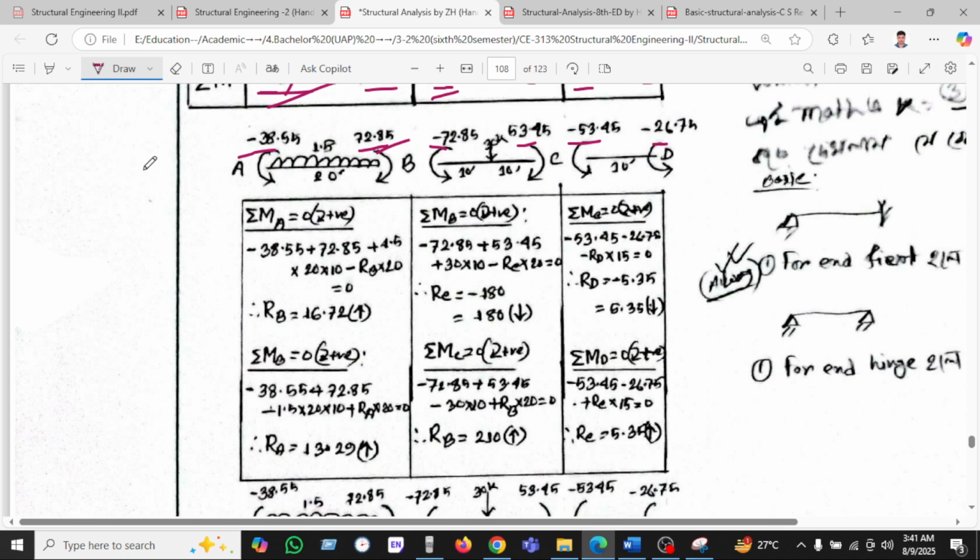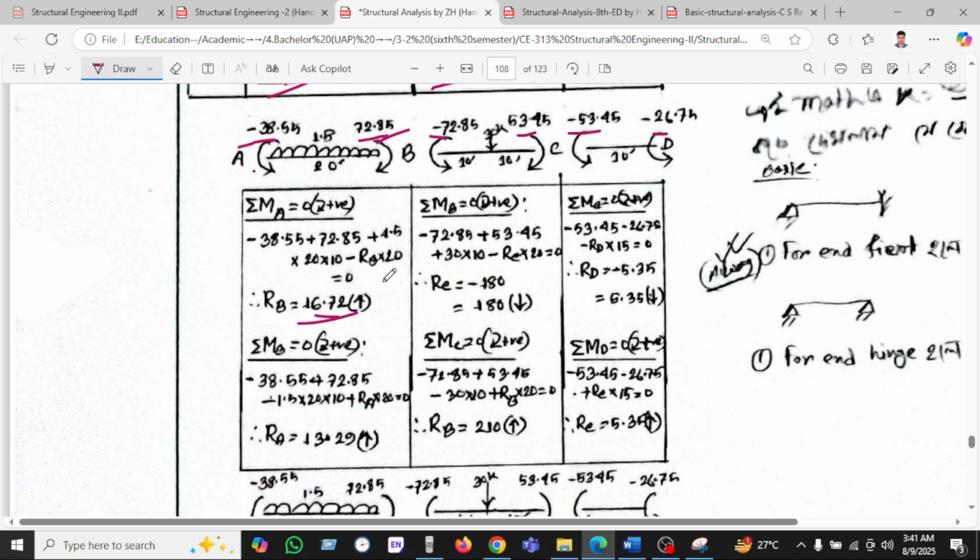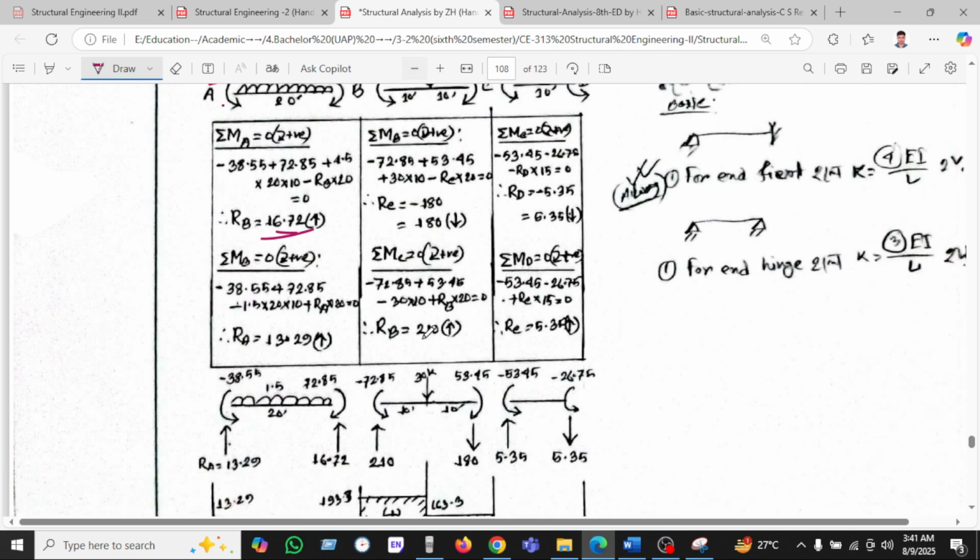After getting these values, now we take moments about A, calculate everything, and find RB equal to 16.72. Taking moment at B, we find RC equal to 180.